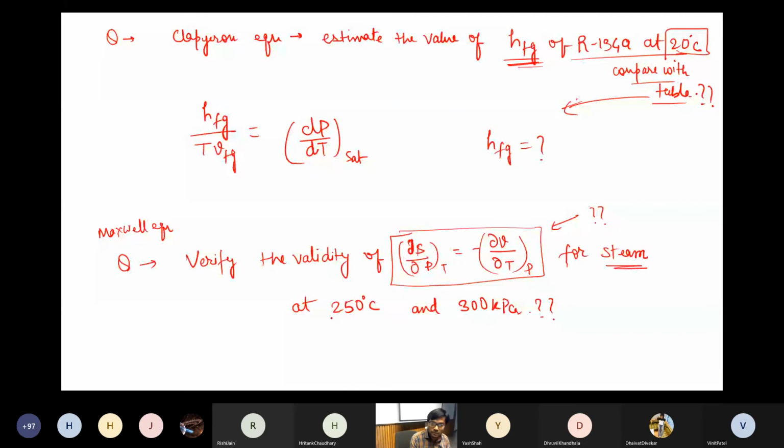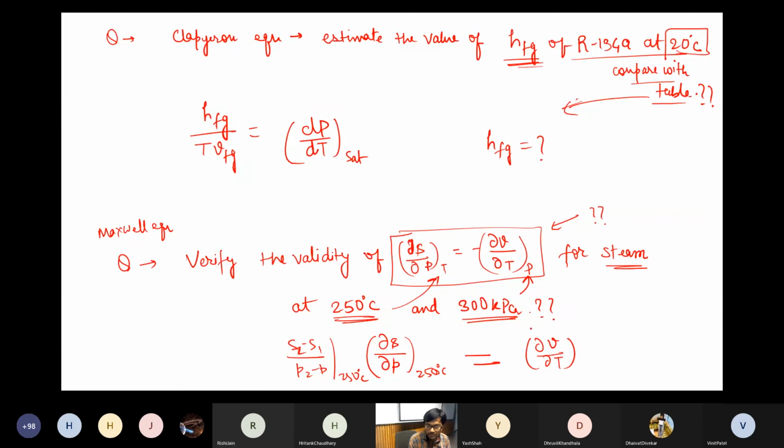So for this steam, go to this temperature, put this temperature over here, go to this pressure, put this pressure over here. It means you have to verify the change in entropy with pressure at this temperature of 250 degrees C. Go to the table and seek S1 and S2. So S2 minus S1 you do, and you do P2 minus P1 at this particular temperature, and you see if it is equal to dou V by dou T at this particular pressure or not.